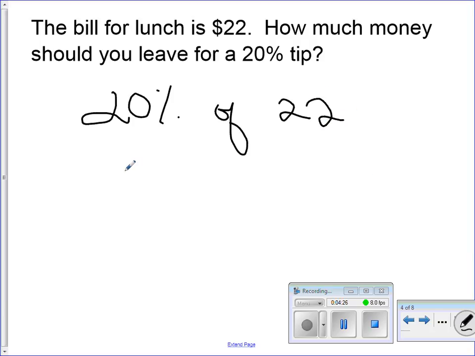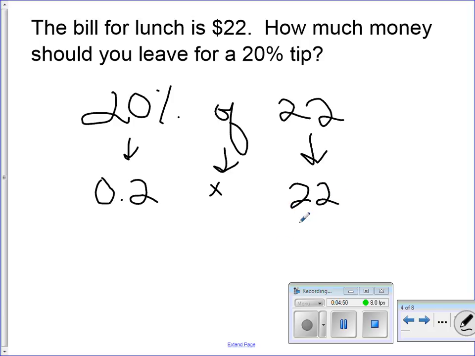So here is the multiplying rule. We are going to change our percent to a decimal. So 20% as a decimal is 0.2. Of in math means to multiply. And then my price isn't changing. My lunch is staying the same. So to find the answer here, I'm multiplying 2/10 times 22.